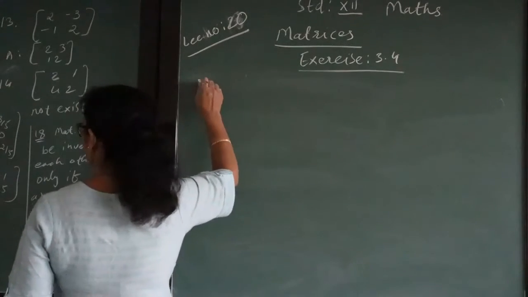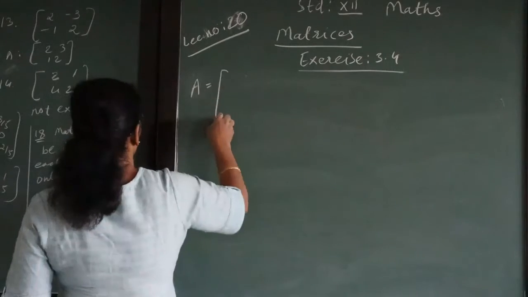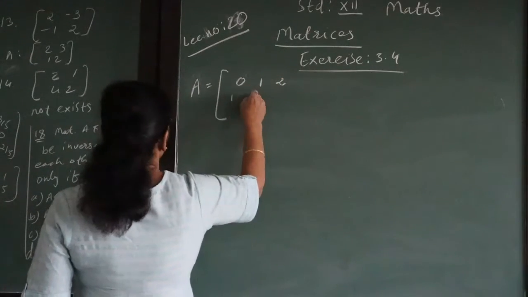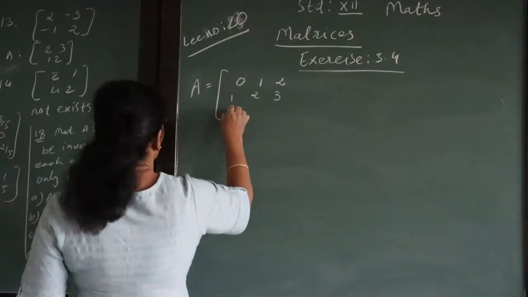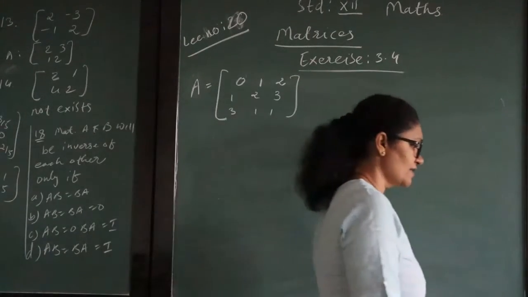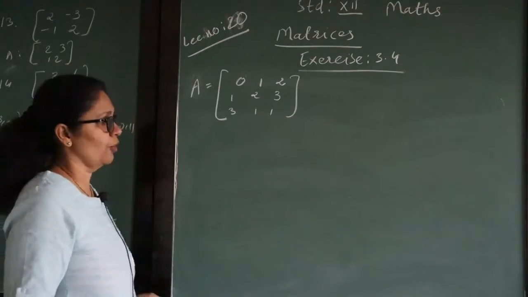Our first solved sum we discuss, in which you are given the matrix 0, 1, 2, 1, 2, 3 and 3, 1, 1. Now, remember, it is very easy in 2 by 2, but the calculation becomes much longer.